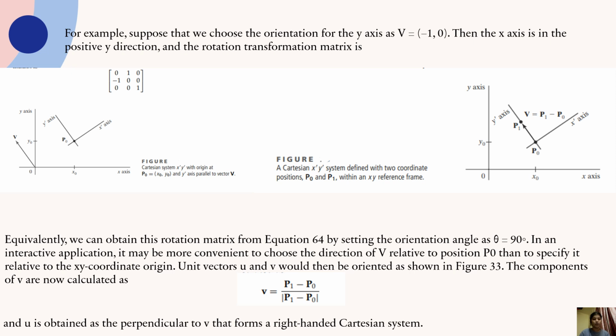Then u is obtained as perpendicular to v, which forms a right-handed Cartesian system. In this system we can see how the transformation of 2D objects takes place. By the following figures and matrix formulas, we can conclude how the rotation transformation and the addition of matrices lead to the final solution.